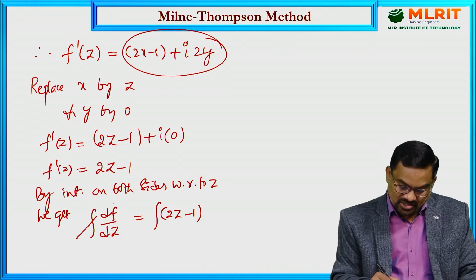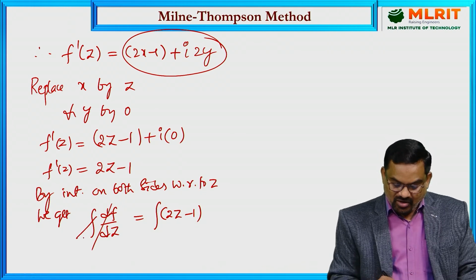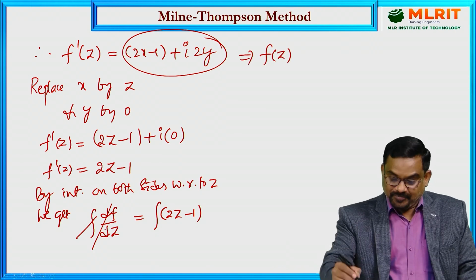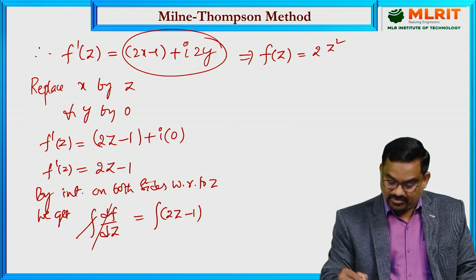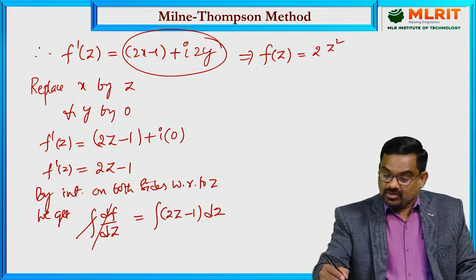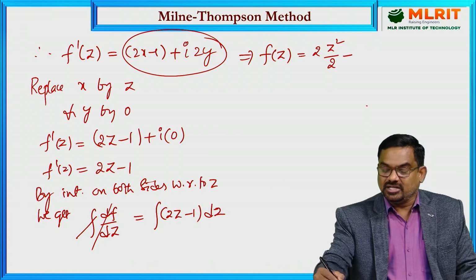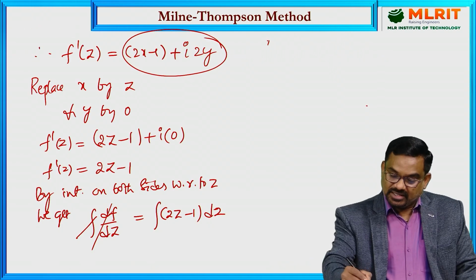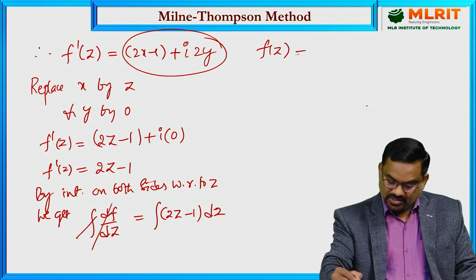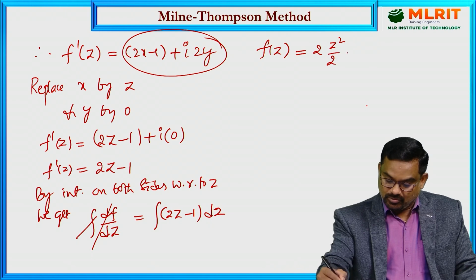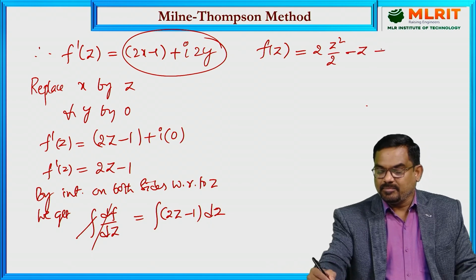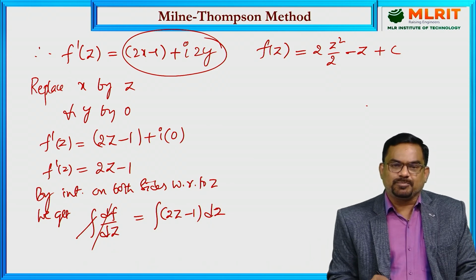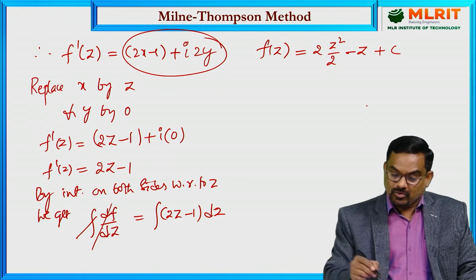Since integration and differentiation are the reverse processes, on the left hand side we get only f of z. These two will get cancelled. And this is equal to 2 into z square by 2 minus integral dz is z. After integrating, we get f of z equal to 2 into z square by 2 minus z plus c.